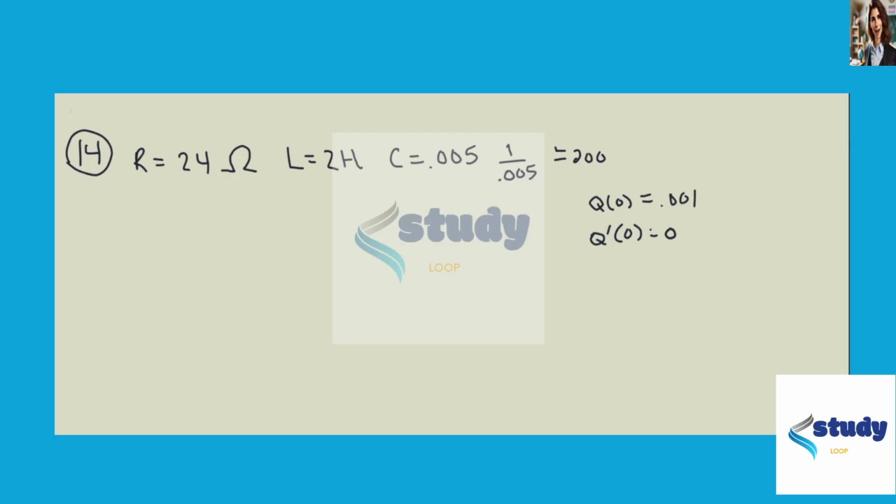So my equation will be 2Q double prime plus 24Q prime plus 200Q equals 12 volts.